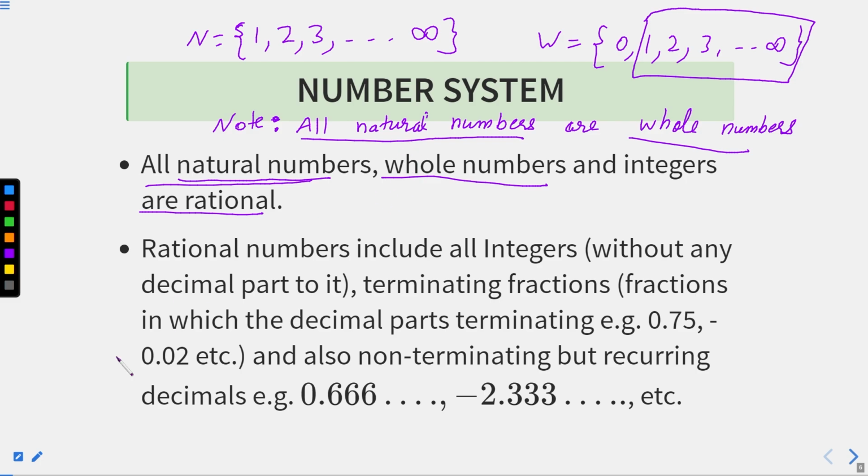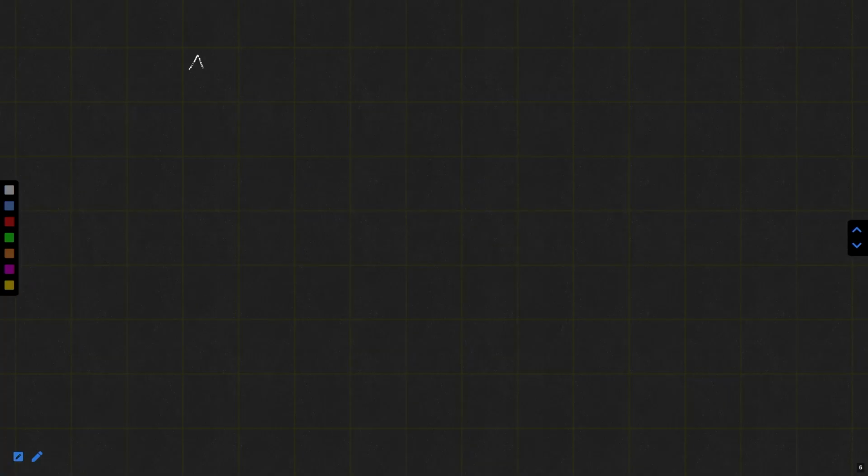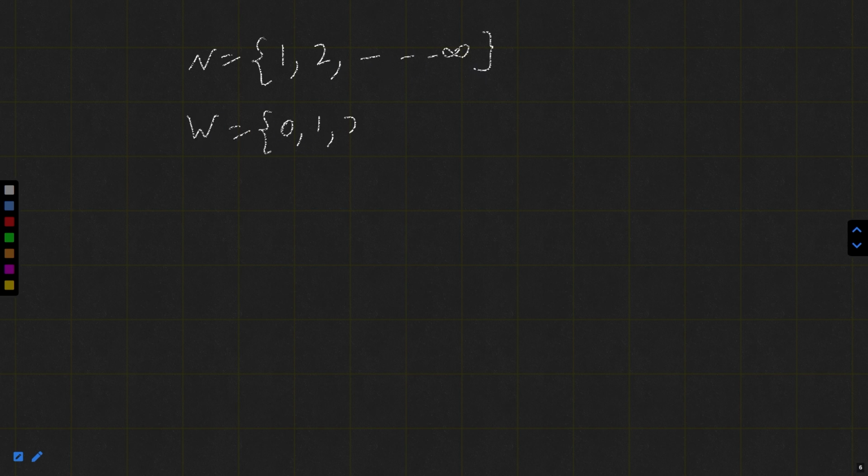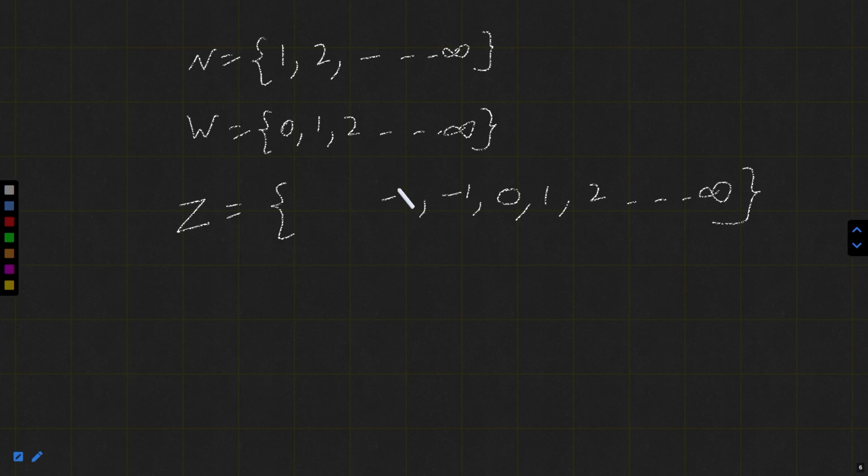Similarly, the natural number set starts from 1, then 2 till infinity, and the whole number set starts from 0, 1, 2 till infinity, and then integers have the center at 0, then 1, then 2, then infinity, and to the left side minus 1, minus 2 till minus infinity.